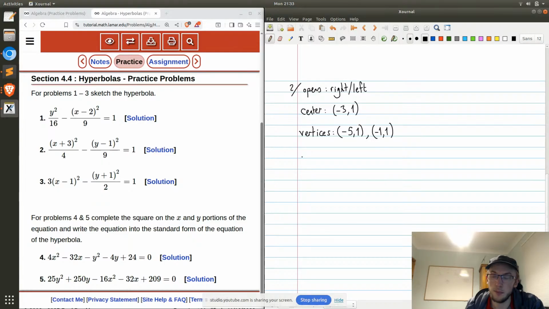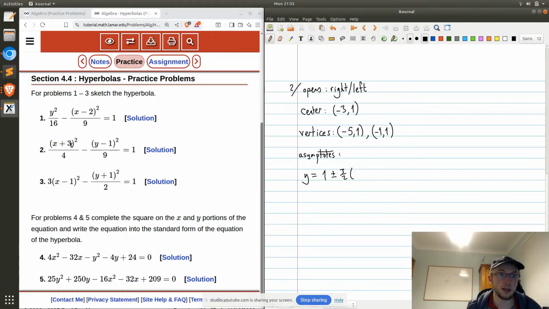Now, the asymptotes. Let's see if you can get it. So it's going to be k plus or minus b over a, x minus h. So 1 plus or minus b over a, so 3/2, x minus h.